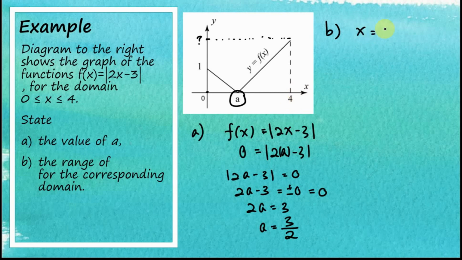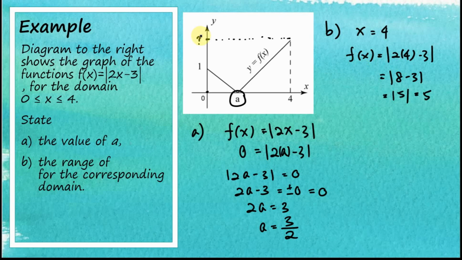When x equal to 4, our f(x) will become modulus 2 times 4 minus 3. So it becomes 8 minus 3, which is equal to modulus 5, and modulus 5 is equal to 5. So when x equal to 4, our f(x), our image, or our y is equal to 5.